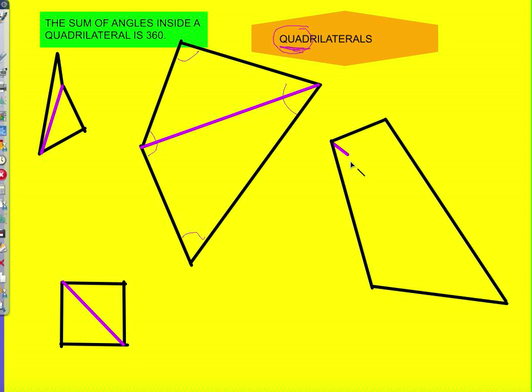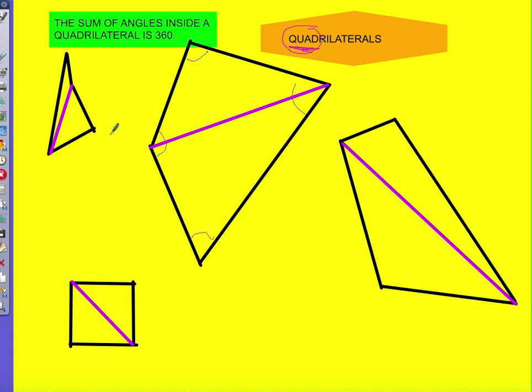Here we have a shape that's split into 2 triangles. Obviously it can't go there because it's not splitting it up, but we can go here, or we can go here. Either way, it doesn't make a difference. It still splits it into two triangles. Any shape that has four sides can be split into two triangles. What does that mean?